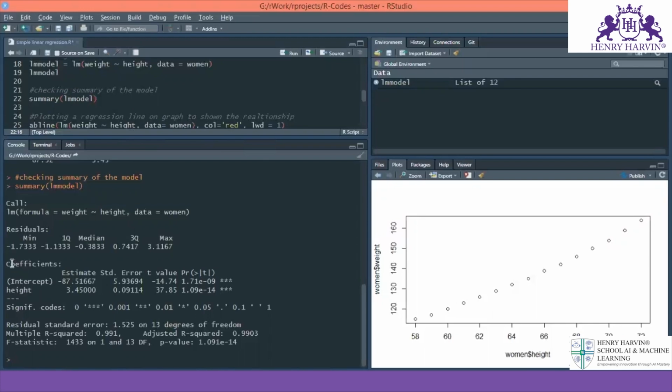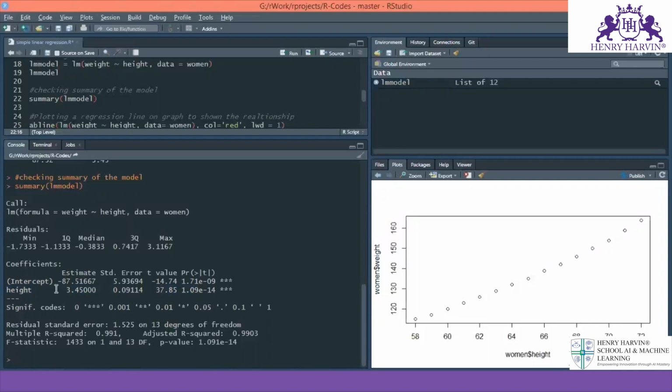Next is coefficients. Coefficients, as I have already discussed, are the intercept and the slope value. Here it is important to understand that my independent variable was height. Now, the first factor showing is the estimate.